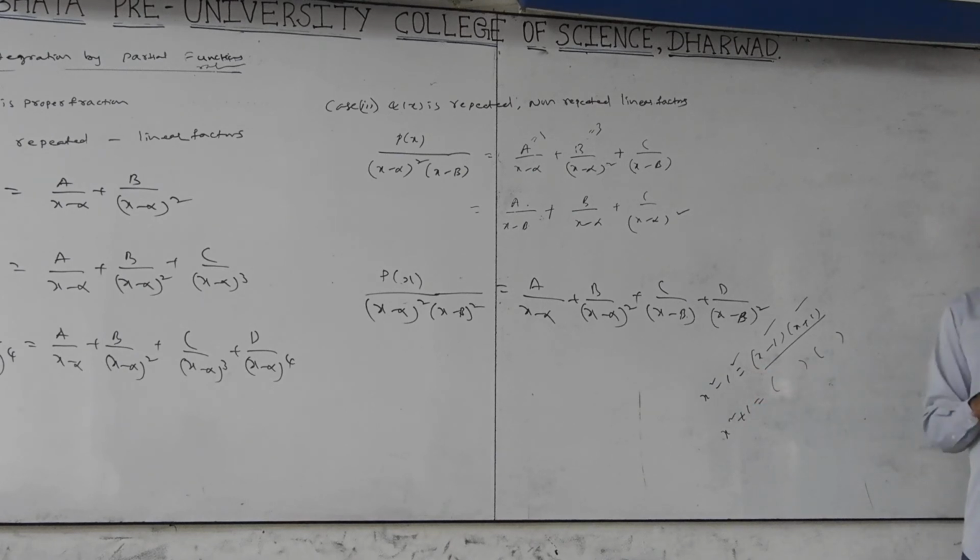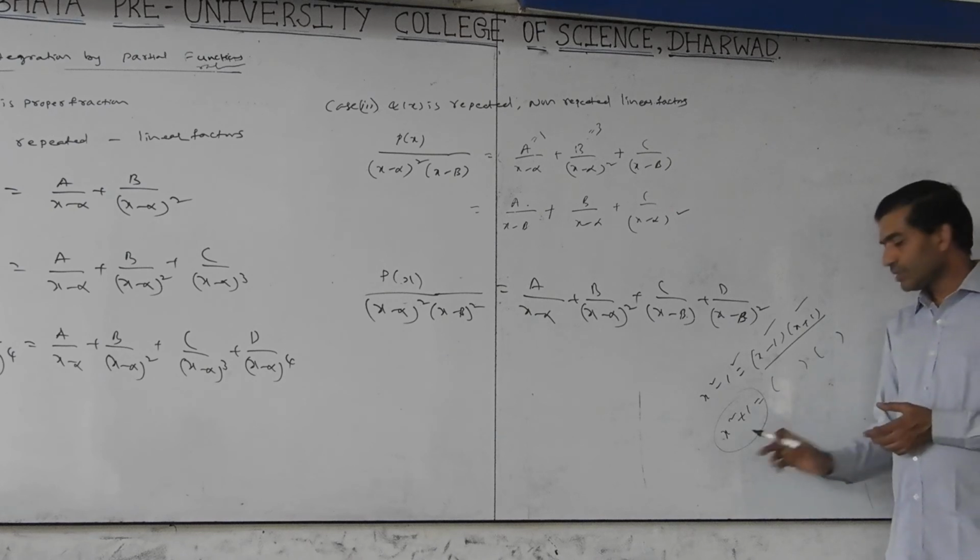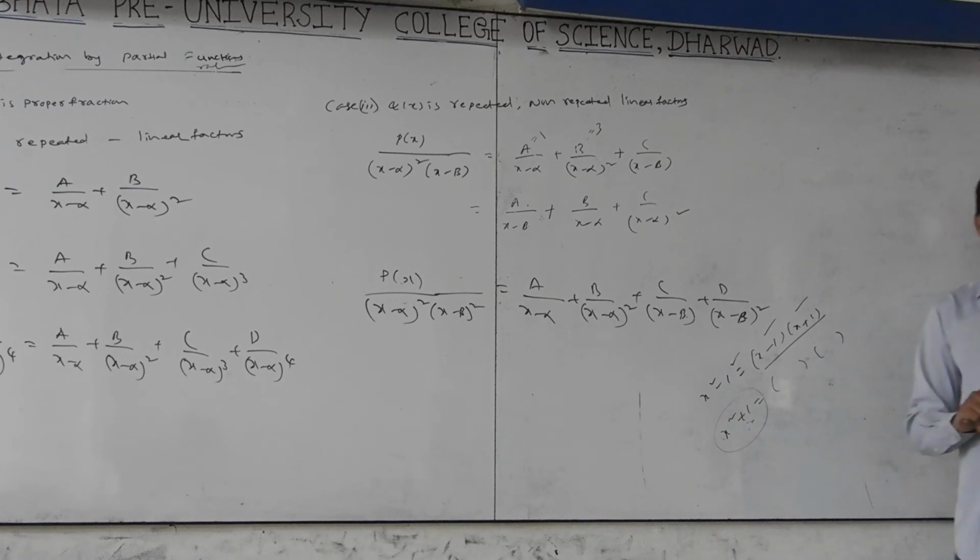We can't write it as a product of two factors. Such a polynomial is called an irreducible polynomial. Irreducible polynomial means one which we can't express in terms of a product of linear factors. Such a function is called irreducible. If it is in the denominator, how to express it?